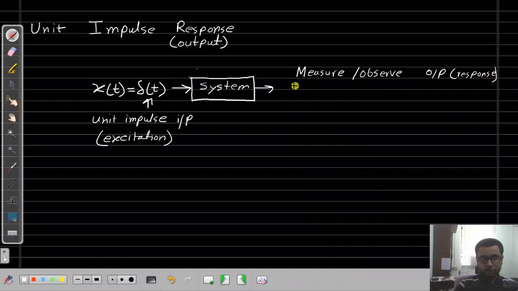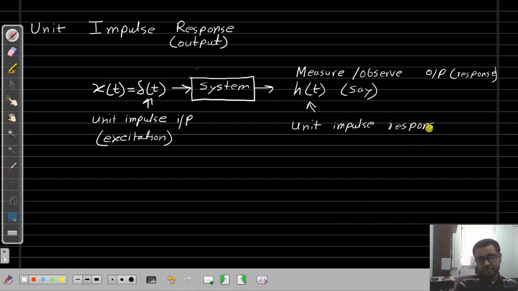Suppose the output is h(t), say, then this output is called the unit impulse response, because this is the response when you give a unit impulse as the input.